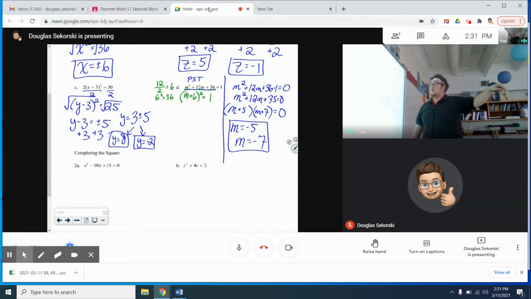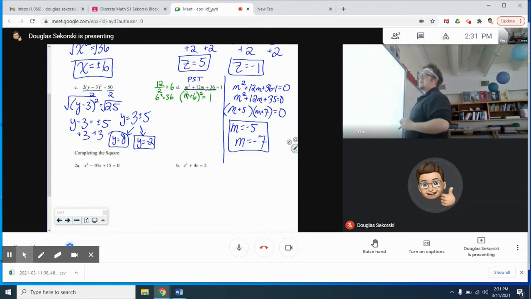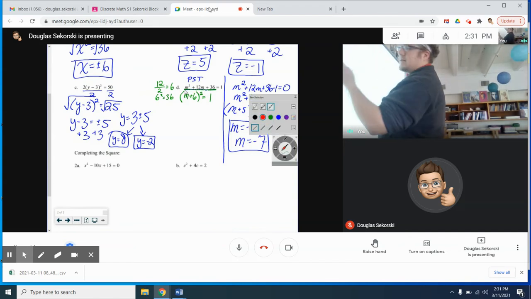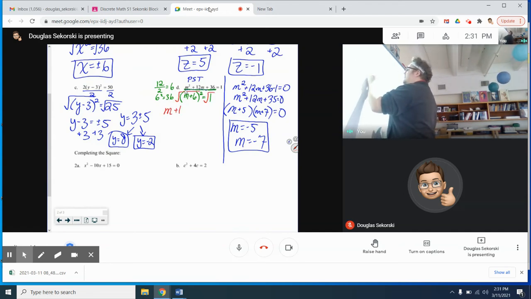And off to the side, if you want to FOIL out m plus 6 times m plus 6, then you'll see that it is equal to this quadratic. Right? So here's the even better part about knowing about these perfect square trinomials. Now I can take the square root of both sides. I get m plus 6 equals plus or minus 1.